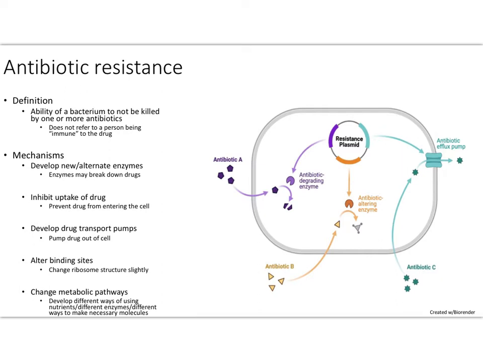So when we are talking about this phenomenon, we oftentimes say that a bacteria is susceptible or sensitive to an antibiotic if that bacteria is killed by that antibiotic, or at least its growth is stopped.